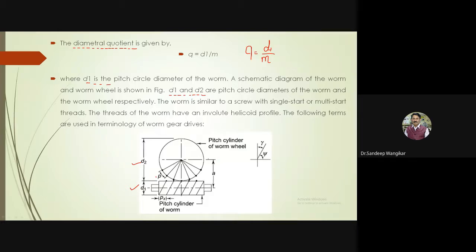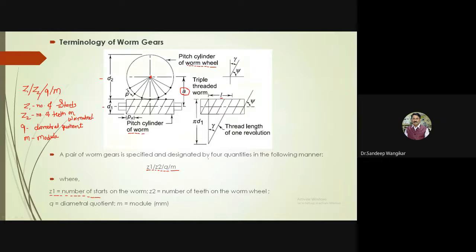The worm is similar to a screw with a single start or multi-start thread. So worm is nothing but like a screw. The threads of the worm have an involute helicoid profile, and the different terms used are as follows. Before moving to the terms, once again I will repeat Z1, Z2, Q, M. By using these 4 things, the worm gear is specified.